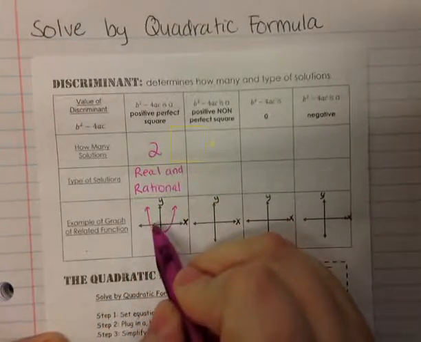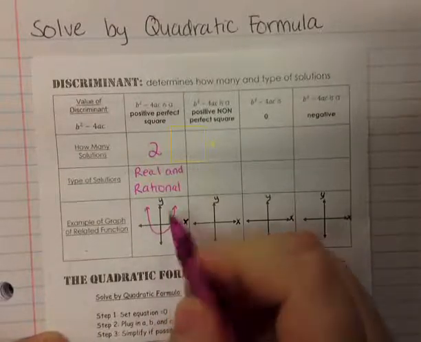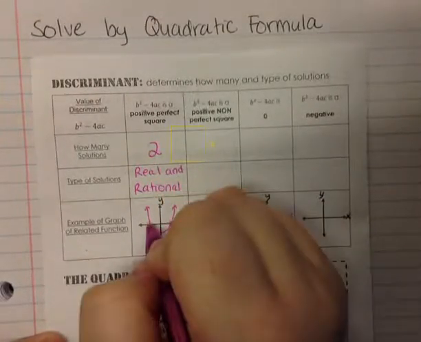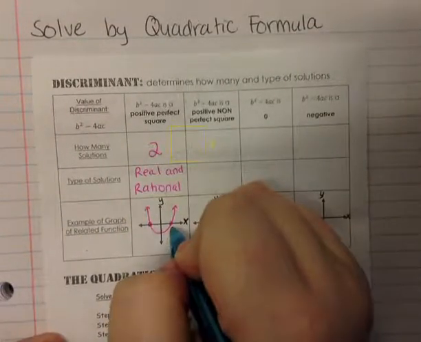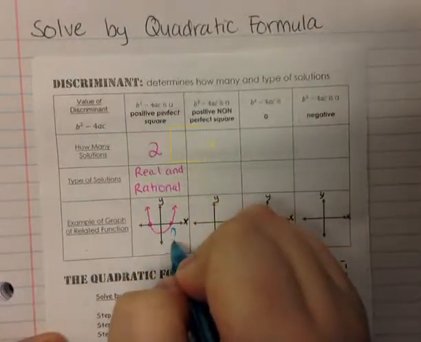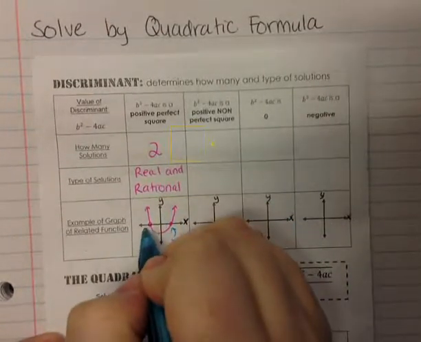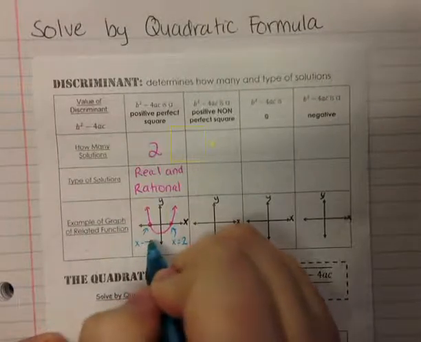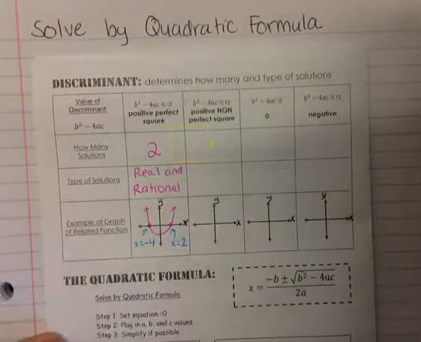And again, it could cross on both negatives, both positives, or one of each. But these 2 solutions would be nice, clean numbers. Like this could be x equals a positive 2, and this one could be x equals a negative 4. They would be nice, clean solutions.